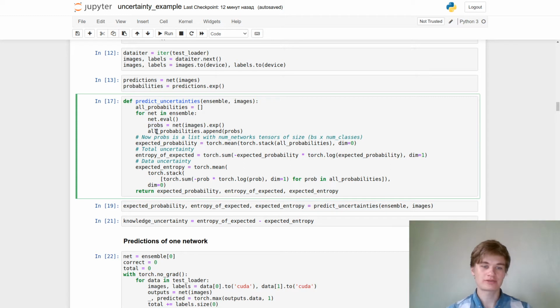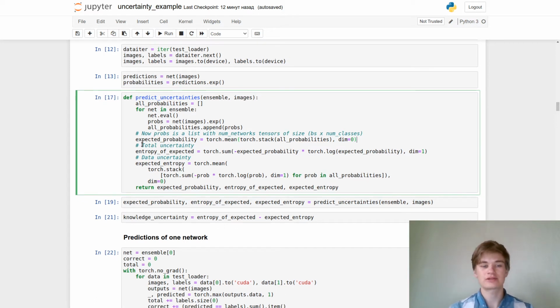We accumulate all probabilities in this list, and then we can calculate the expected probability. This is the average probability of our ensemble. We just take mean of all probabilities according to some dimension.